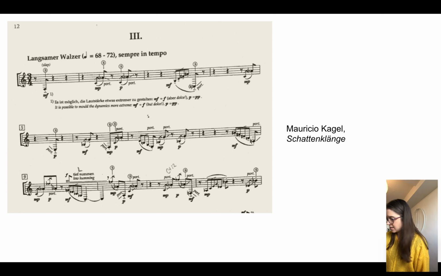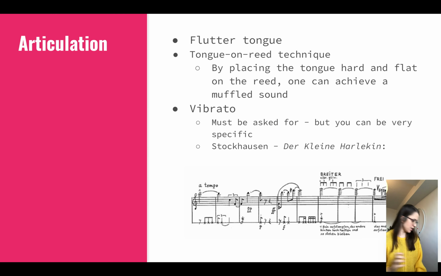So the next thing is flutter tongue. Flutter tongue is basically, I just do this sort of R sound with my tongue. It does have some limitations, because if you go into the higher register, you'll find it starts to break.